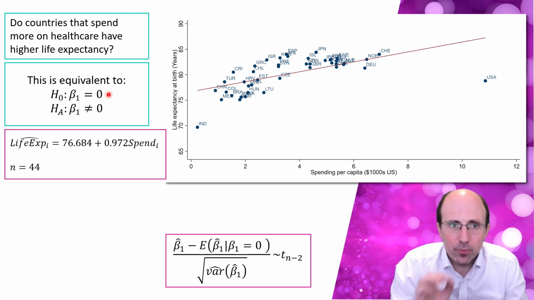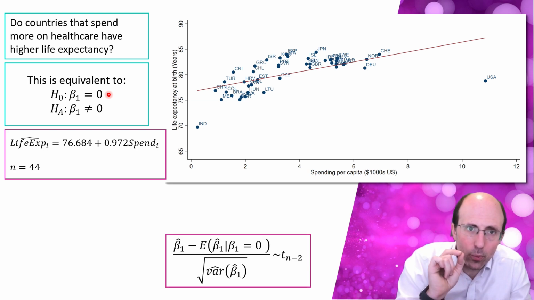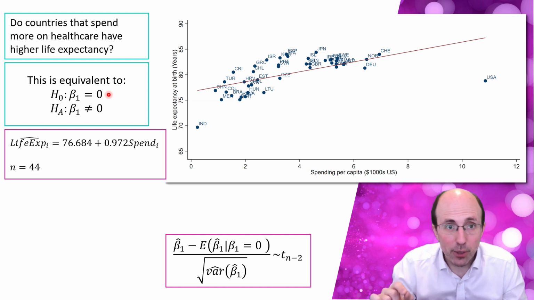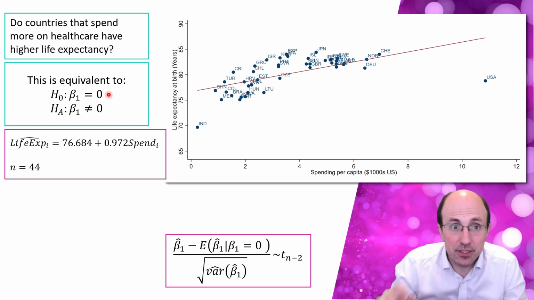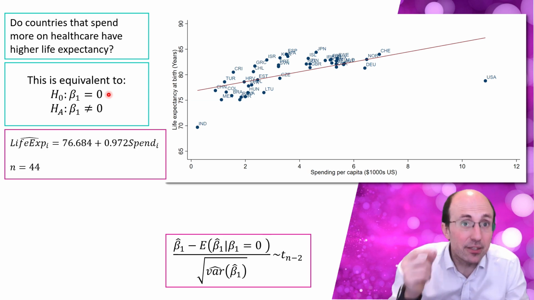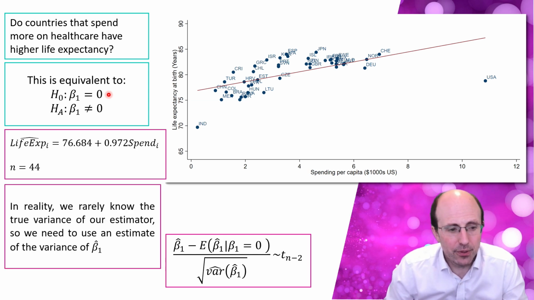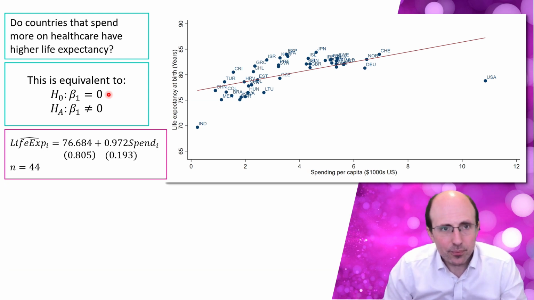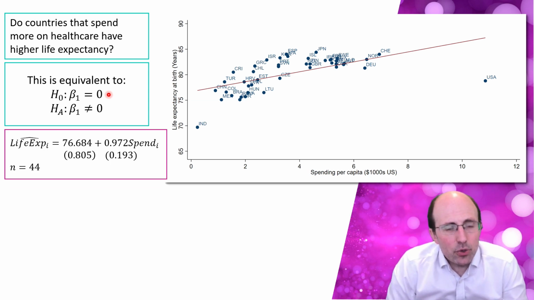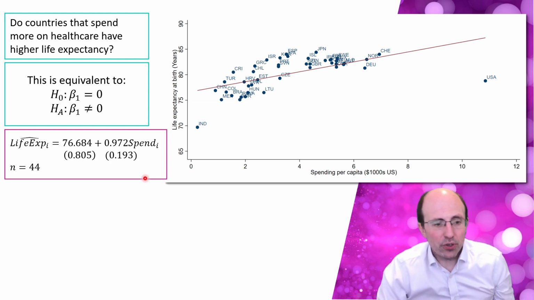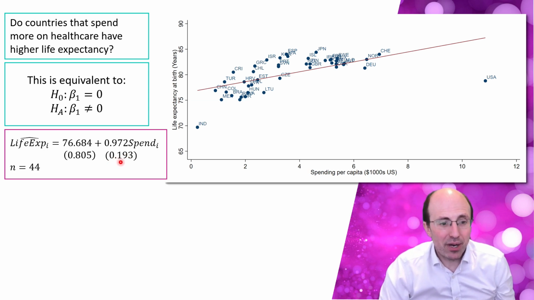So we're going to rely on statistical software packages to estimate this standard error for us. Remember, the square root of the estimated variance is the estimated standard error of beta 1 hat. So you'll often be given what the estimated standard error is, and it will often appear in brackets or parentheses under your estimates.